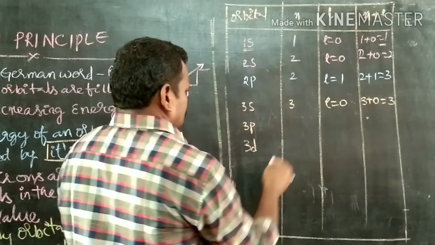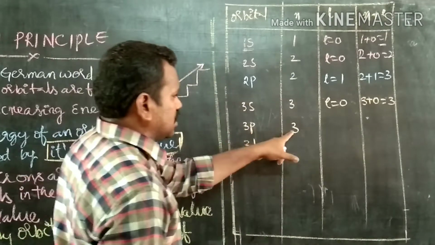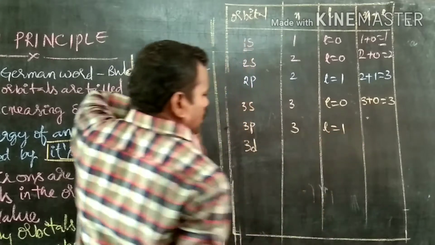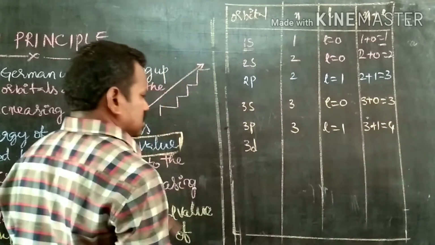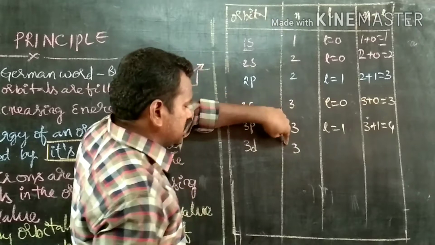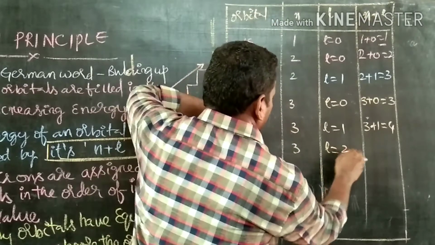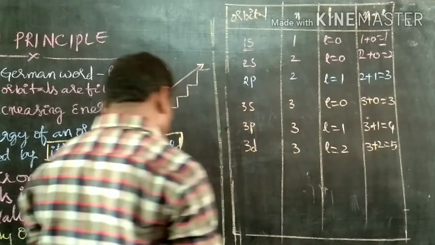For 3p, principal quantum number is 3, and for p, l value is equal to 1. Now 3 plus 1 is equal to 4 quanta. For 3d, principal quantum number n is 3, angular momentum quantum number l is equal to 2. Now it becomes 3 plus 2, that is equal to 5.